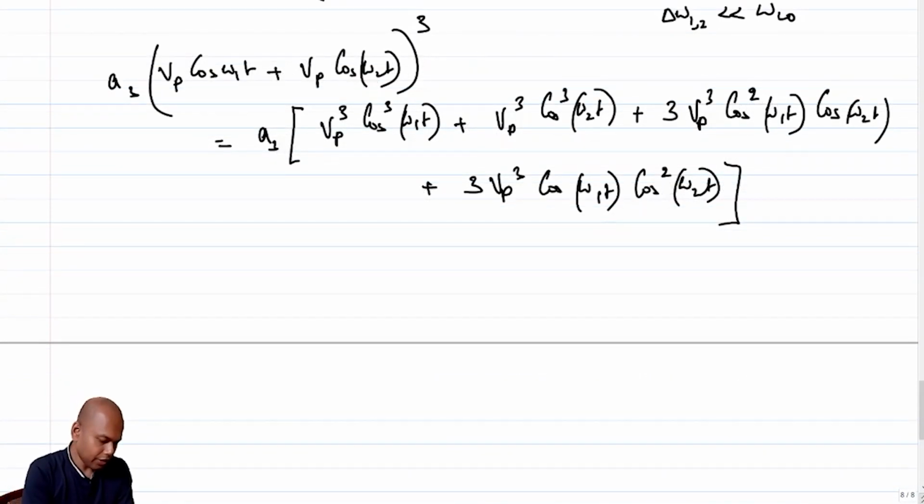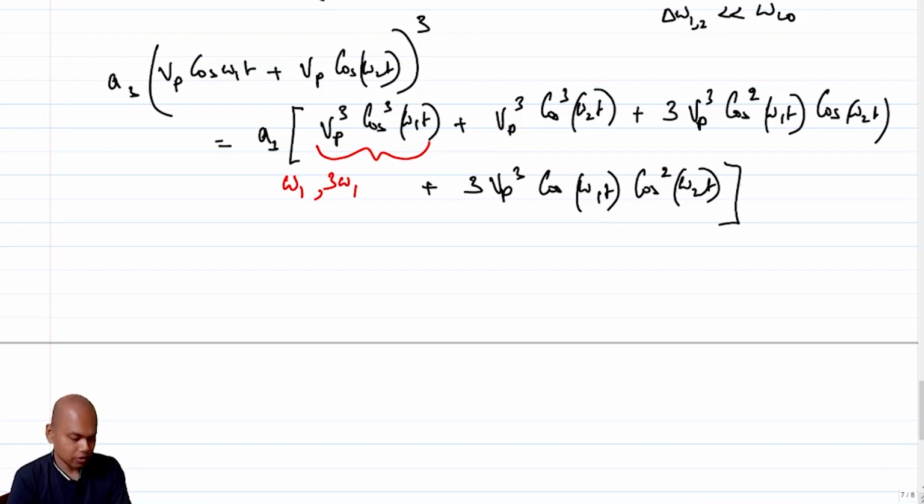So again, if I just write the components, what will this create? If I expand this, it is going to create a component at omega 1, and it is going to create a component at 3 omega 1. So omega 1 surely is going to add up to our fundamental, but the assumption is that it's a weakly nonlinear system.